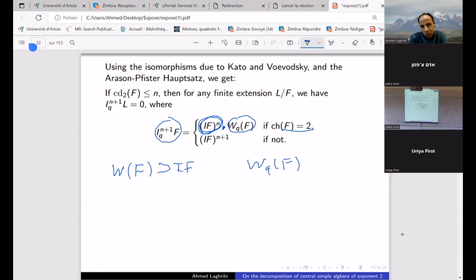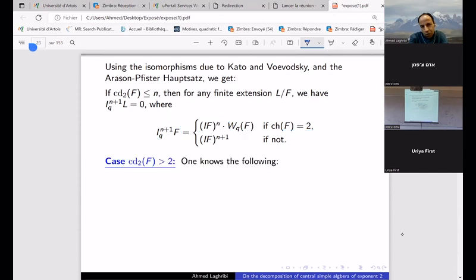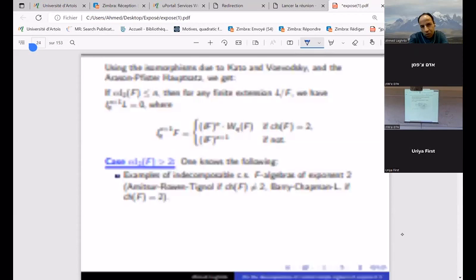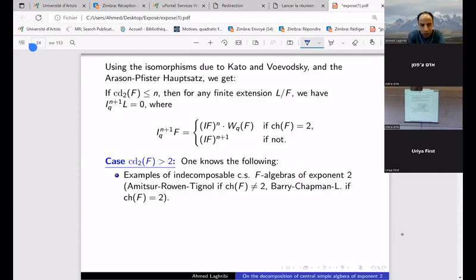Now, as I told you, we really have to take into account this cohomological 2-dimension. So suppose that the cohomological 2-dimension is bigger than 2. In this case, we know some facts, and they are important for the sequel. We know that we have examples of indecomposable central simple F-algebras of exponent 2.